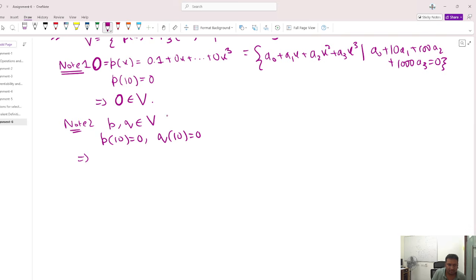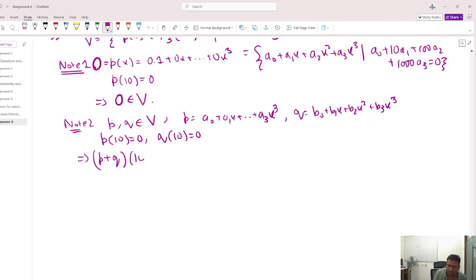So if you have two polynomials, let P be a naught plus a1x plus a2x square plus a3x cube, and Q is given by b naught plus b1x plus b2x square plus b3x cube, and you have given these equations. So what is P plus Q of 10? That's all you have to verify. Well, I'm not doing it.